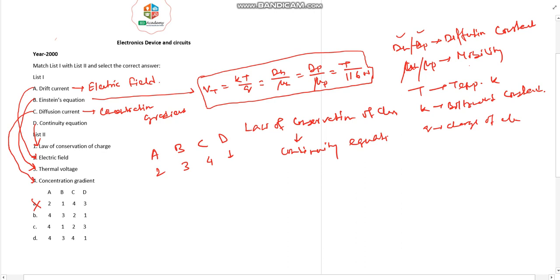Option B, 4321, no. Option C, 4123, no. Option D, 2341, so option D is the right answer. There is some problem in the answer options, but option D is the right answer.